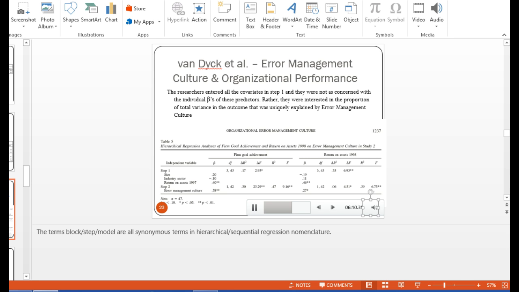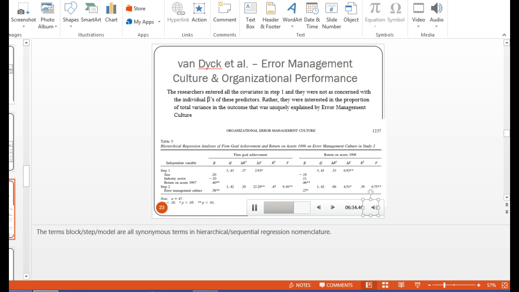So the DF is 3 and 43. Typically when a DF is reported in this way, one number, comma, another number, that means that the first DF is the numerator DF, which is 3. It looks like we have 3 covariates in block 1: size, industry sector, and return on assets in 97.